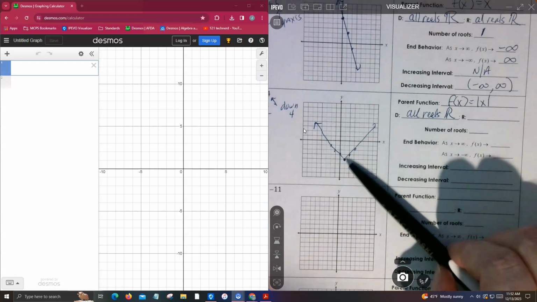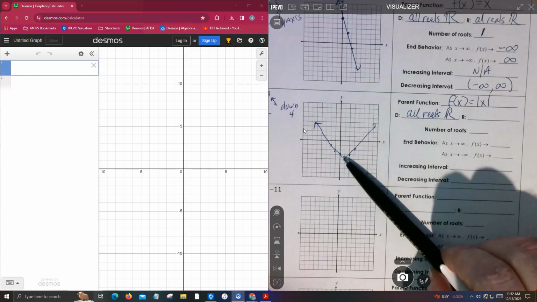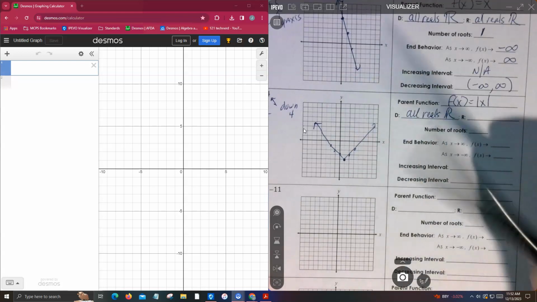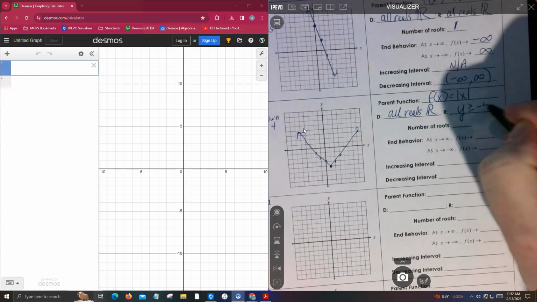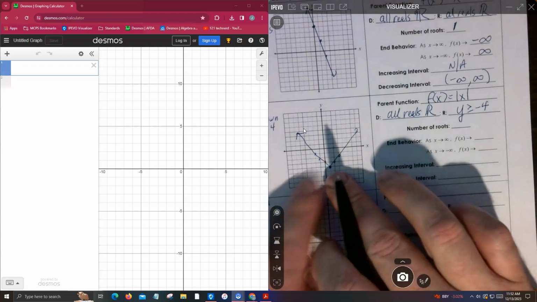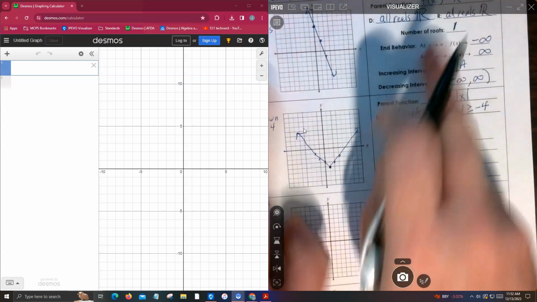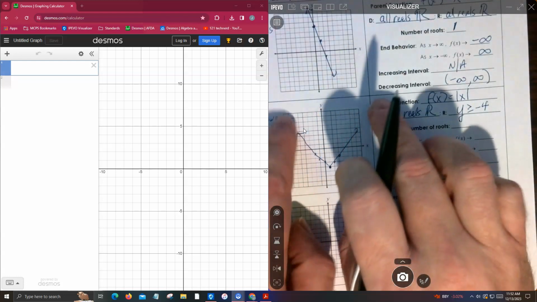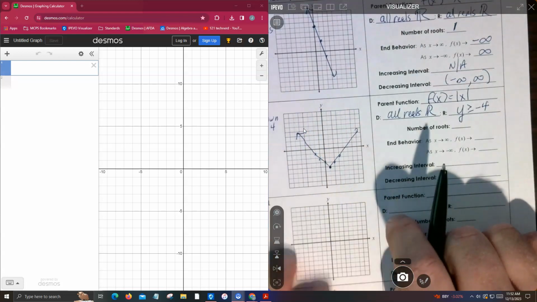So y is only increasing, but it starts off at the lowest point, which is down here at, what is that, -4. So y is greater than or equal to -4, is what you would put in there for the range. So y can only be as low as -4 and then increasing. Every single point's y coordinate is going to be bigger than -4 once you get past that spot.